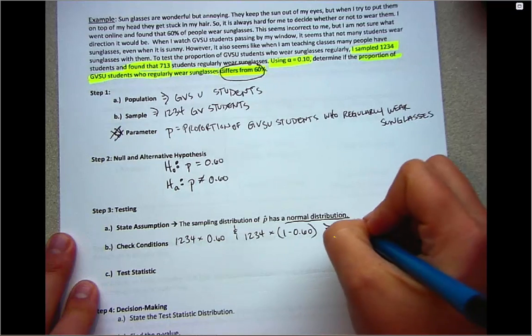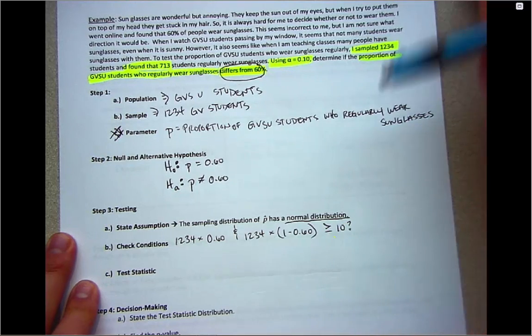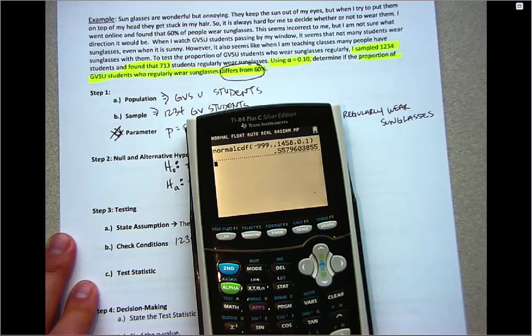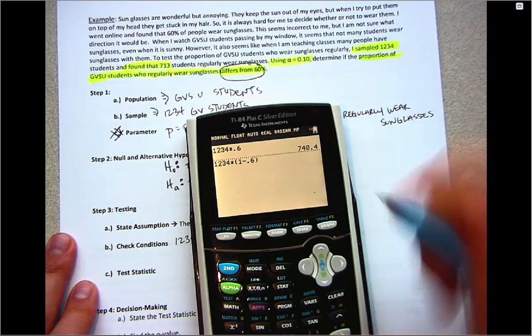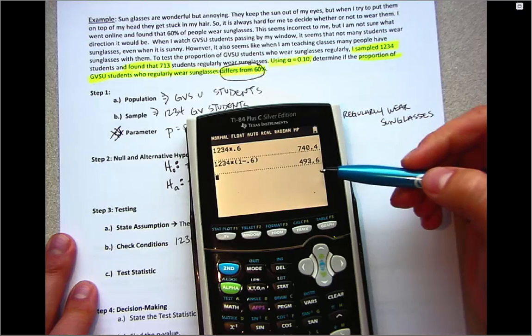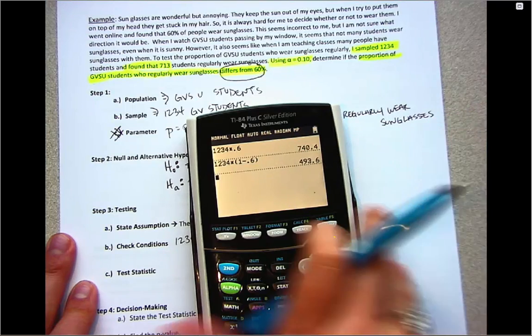Both have to be greater than or equal to 10. So we have 1234 times 0.6 and 1234 times 1 minus 0.6. So we have 740 and then 494.